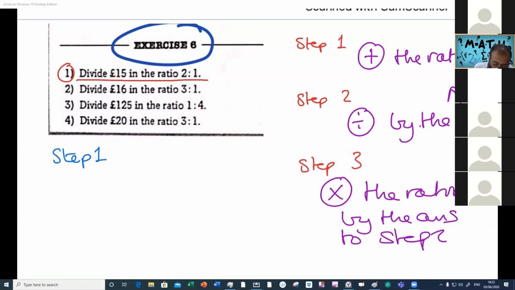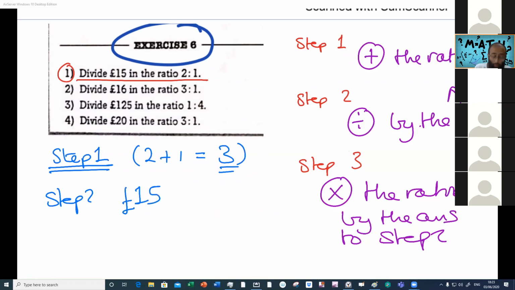Okay, Elisa, come on then. Step number 1, nice and slowly. Explain to the class what we're going to do right now. You have to add the ratios together, so you add 2 plus 1, which is 3. Then in step 2, you divide the number that you have by the answer from step 1, which was 3.